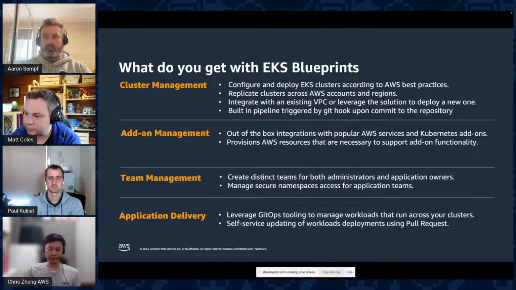It also assigns the permissions accordingly for the team members and roles based on the team type. And last but not least, for application delivery, it provides GitOps tooling and configuration to deploy workloads using the GitOps methodology, using add-ons like Argo CD to manage both your infrastructure and application deployments with a single source Git repository across multiple clusters in multiple environments.